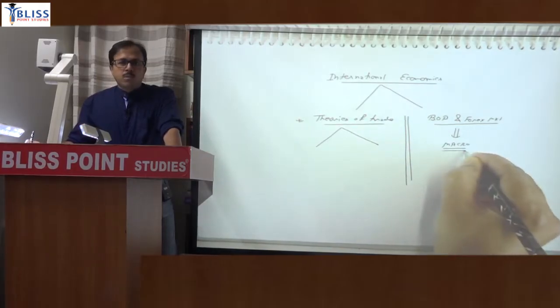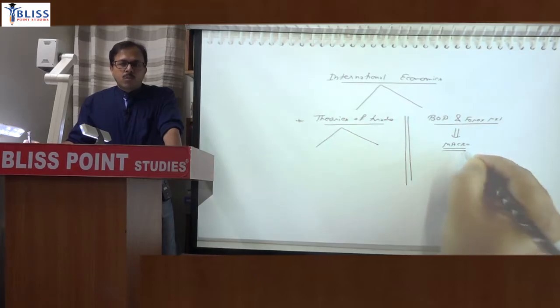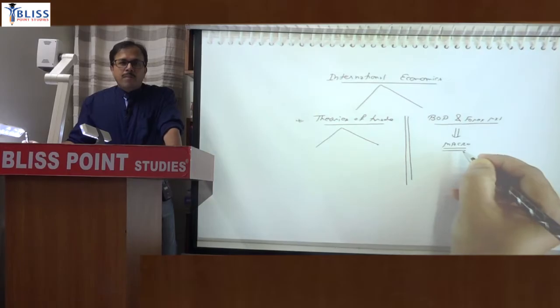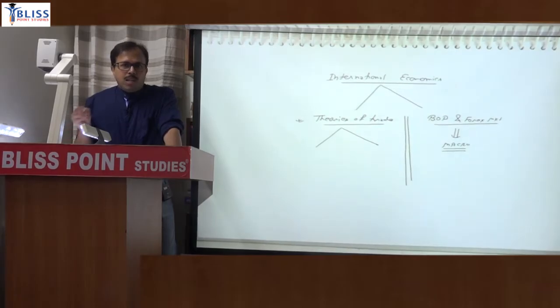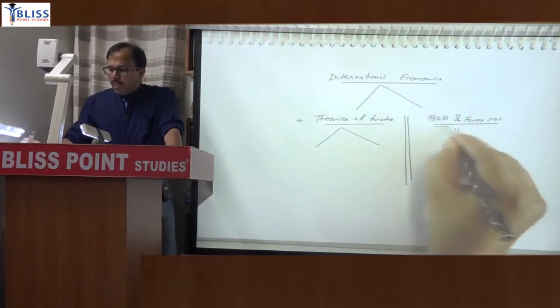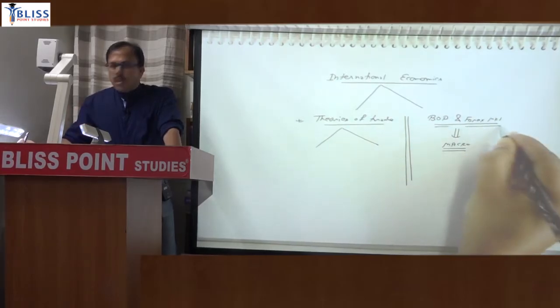When I say macro tools, it means we will be using the ISLM model. By using that ISLM model, we will be explaining, let us say, the Mundell-Fleming model. There are other aspects as well. The second section is mainly dealing with balance of payment and the issues related to the foreign exchange market, fixed exchange rate, flexible exchange rate.